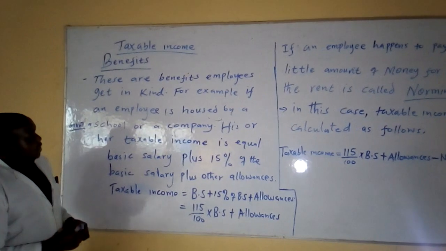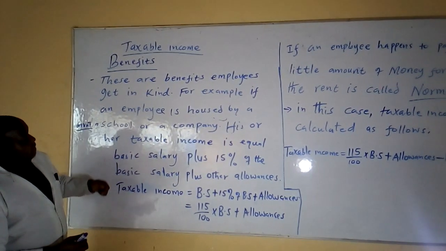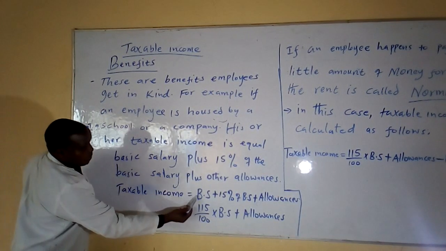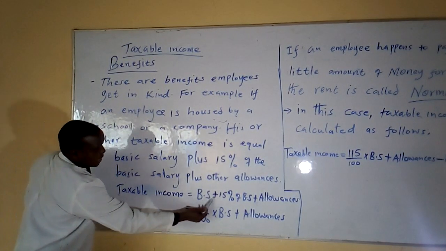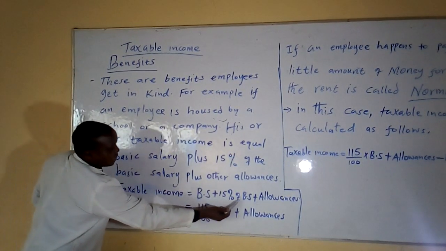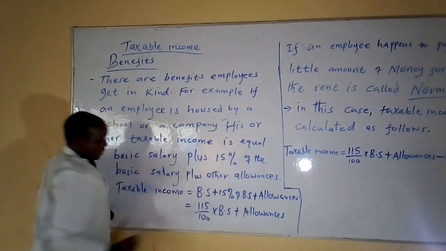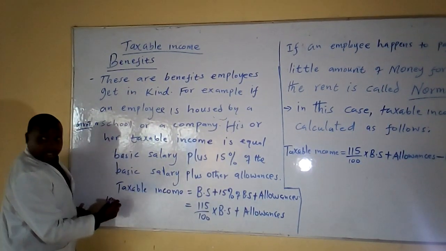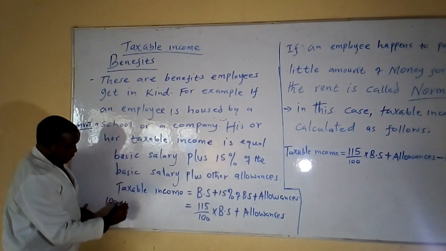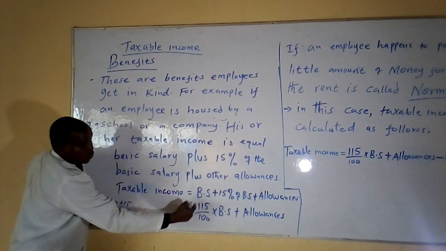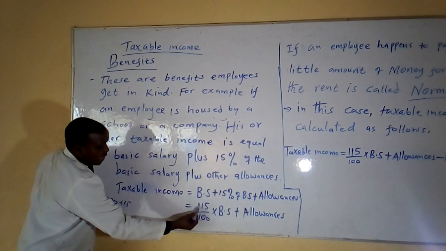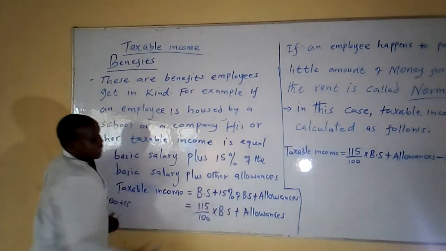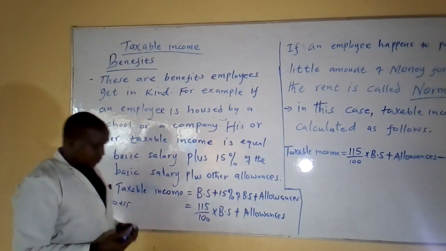So if this person is given these benefits, taxable income is equal to basic salary plus 15% of the basic salary plus allowances. In short, 100 plus 15% is 115. So you just simply write 115 divided by 100 times basic salary and then plus allowances.